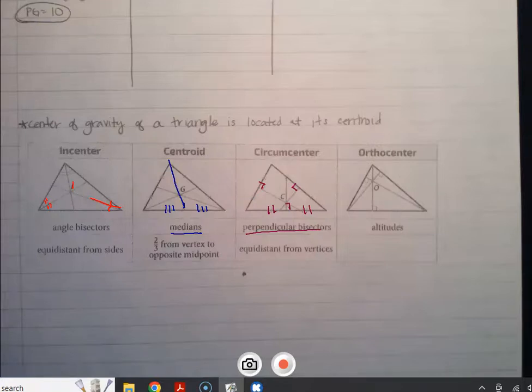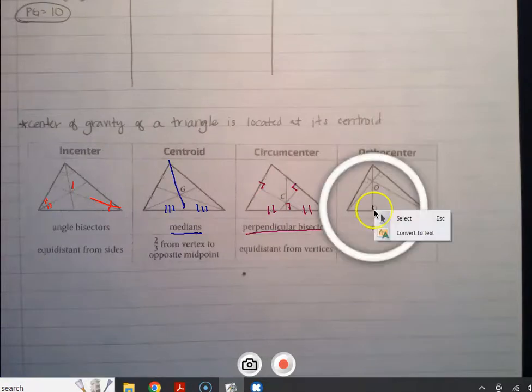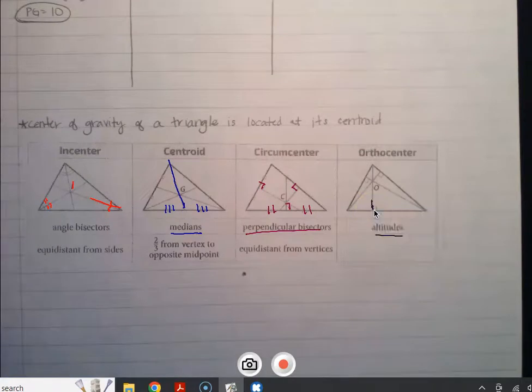And the last one you've got is the altitudes. The altitude goes through the vertex, but it's also perpendicular to the base. So you'll have to be able to recognize which ones are which.